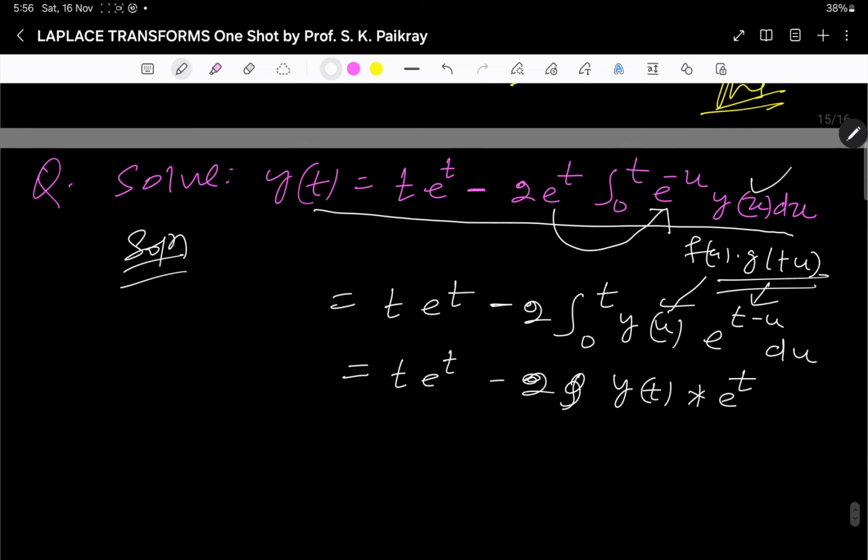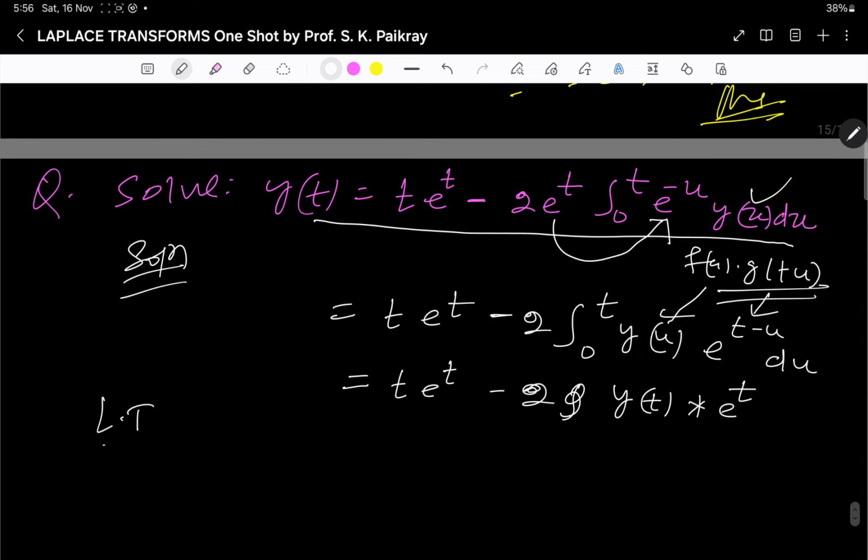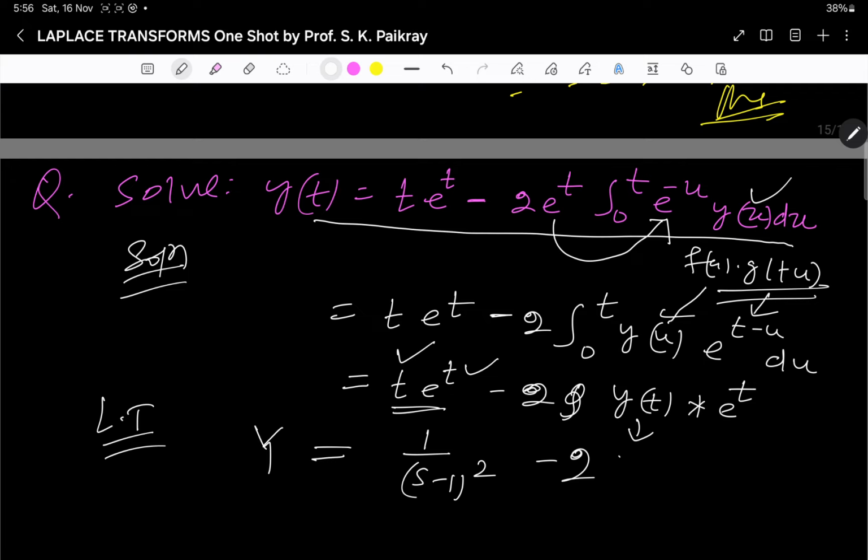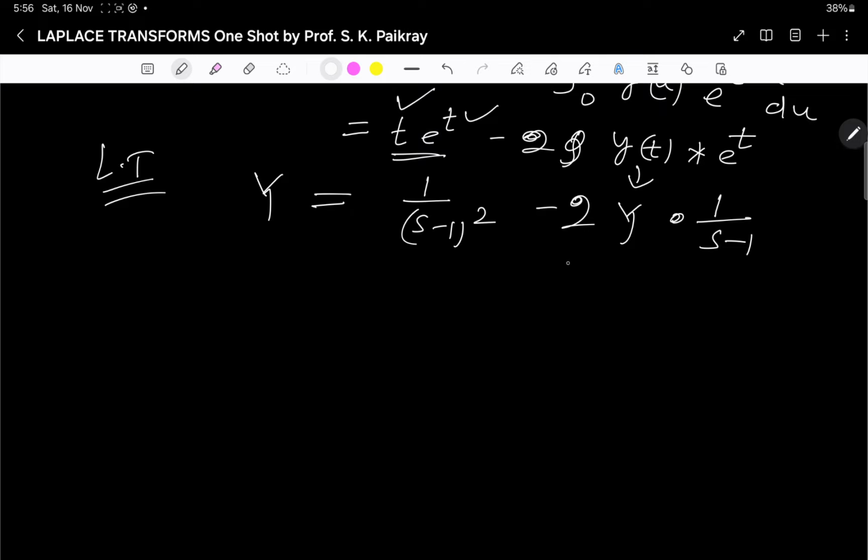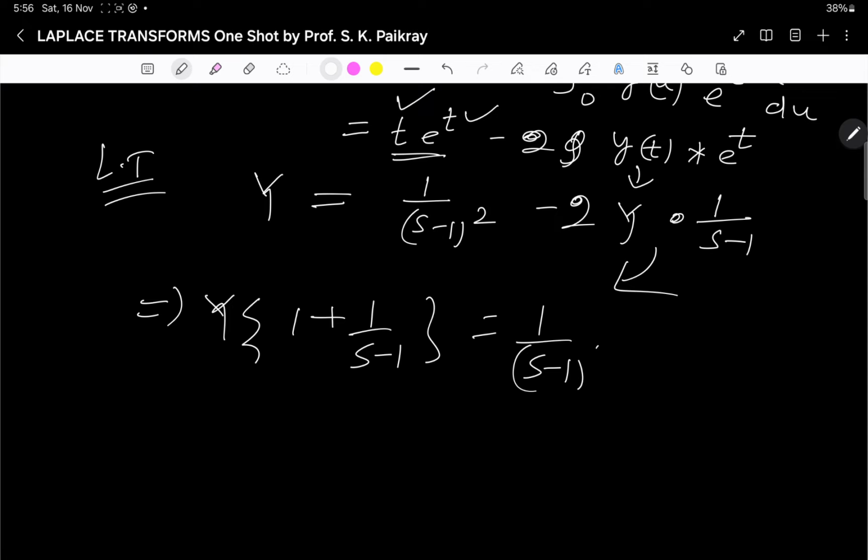Now I can take the Laplace transform of both sides. This is Y equals, applying the shifting theorem here, Laplace of t is 1 by s square, so because of this it is 1 by (s minus 1) whole square, minus 2 times Laplace of y, which is Y, and Laplace of e to the power t is 1 by s minus 1. Now bringing this to this side, Y into 1 plus 1 by (s minus 1) is 1 by (s minus 1) square.